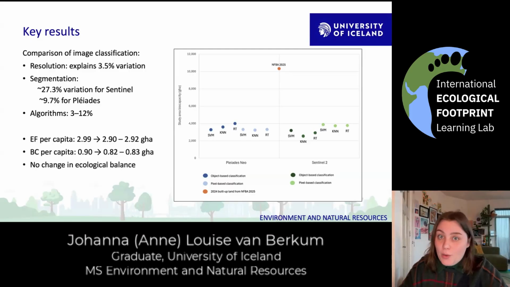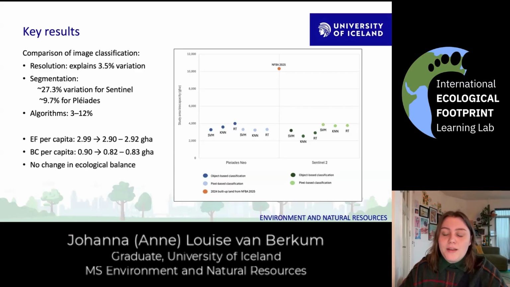Because we know that changes in the built-up component do not change ecological balance, the results on the ecological footprint per capita and biocapacity per capita are the way that we can see the biggest, well, the only change. So in the current NFBA 2025, the ecological footprint per capita in the Netherlands was 2.99 global hectares.